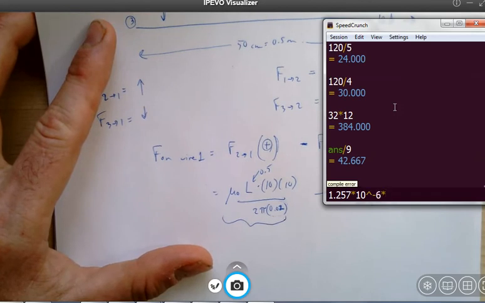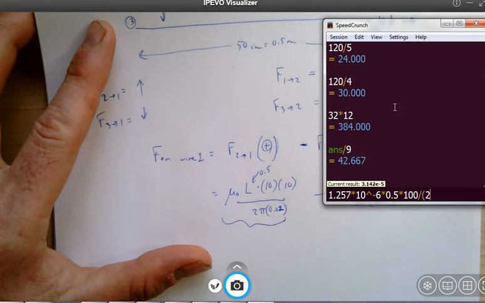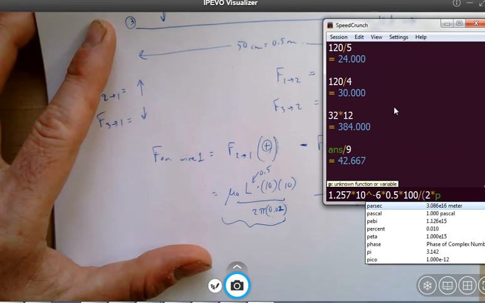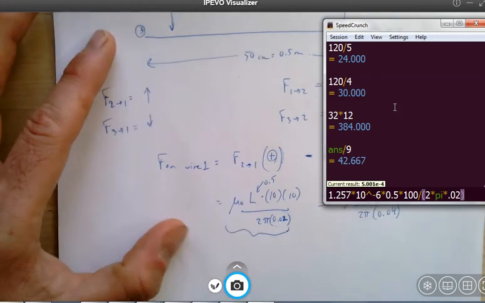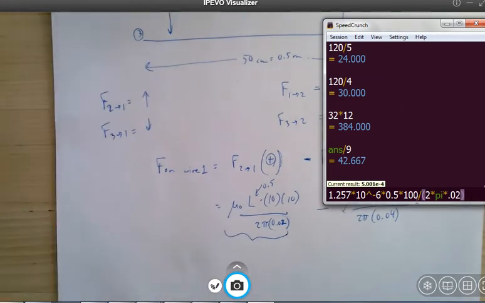This is going to be multiplied by 0.5, and multiplied by 10 times 10, which is 100, divided by 2 times pi times 0.02. And so now I've got that part for wire 1, and I'm going to subtract that from this thing, except the only thing that's different here is a 0.04 in this case.